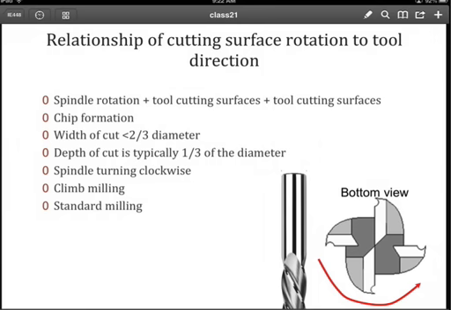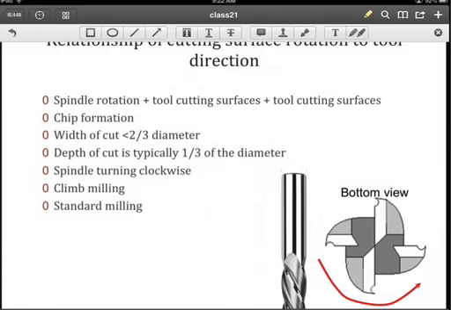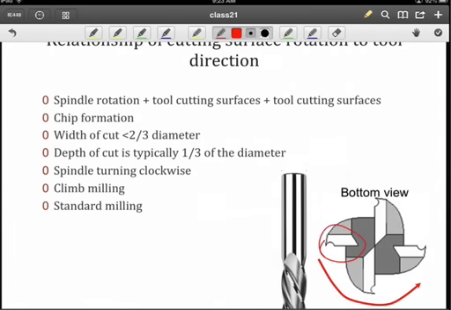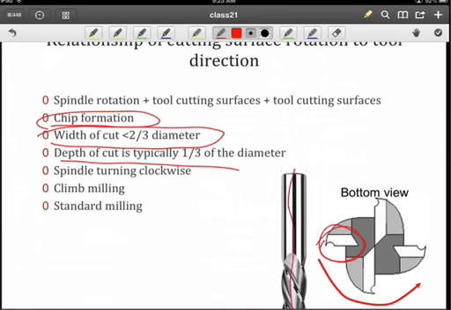It will also affect how chips are being formed, and that has to do with how the surface is entering the material. Typically, the width of your cut is going to be less than 2/3 of the diameter, and that is kind of a rule of thumb. And then if we look in the Z direction, looking down the spindle, if it's a vertical mill, your depth of cut is usually 1/3 of the diameter or less.